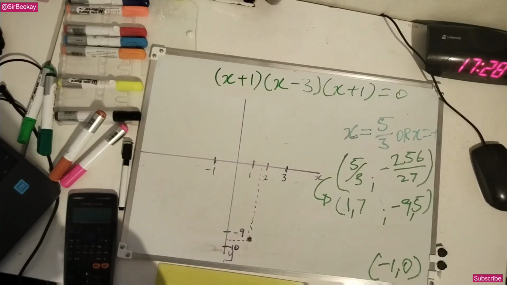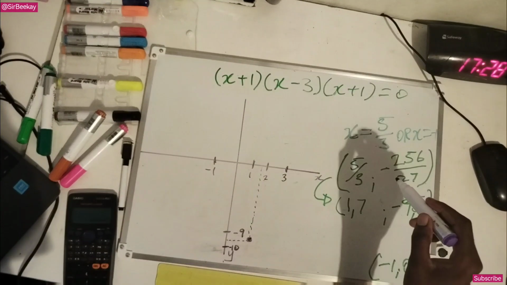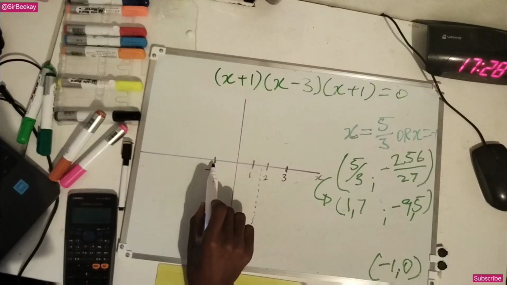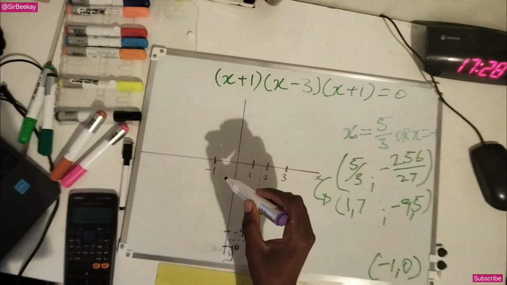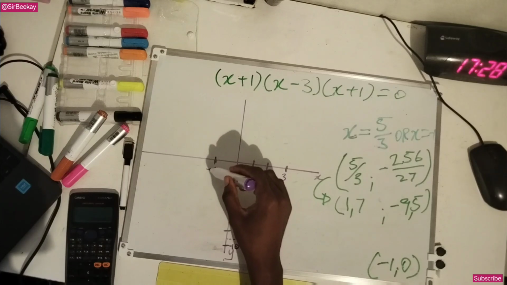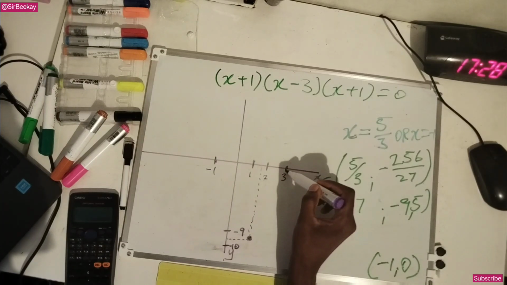I'm going to have the other one as well, the turning point. So it should be 1, 3.